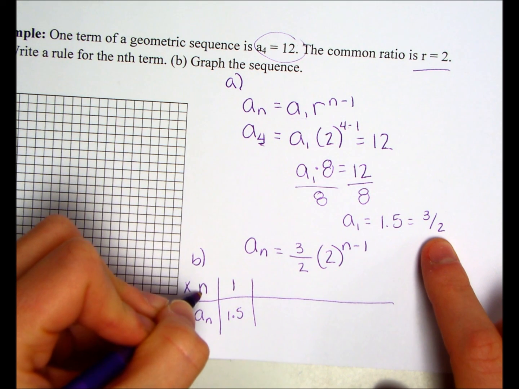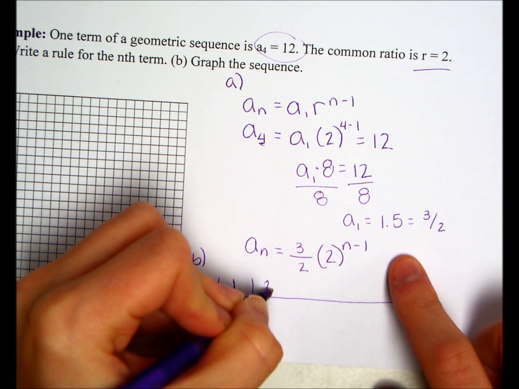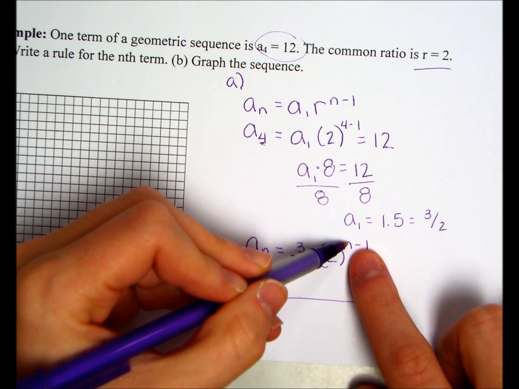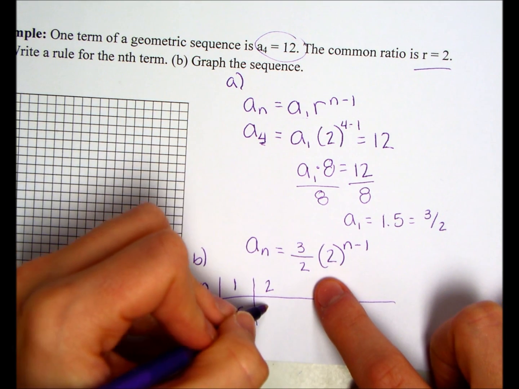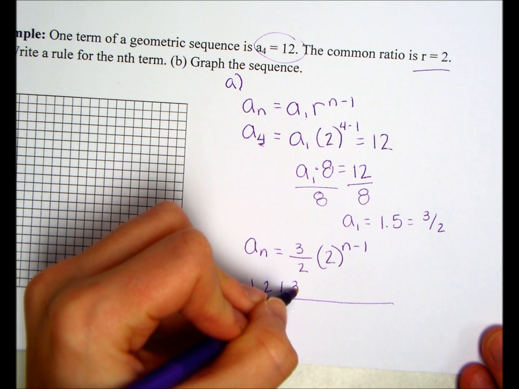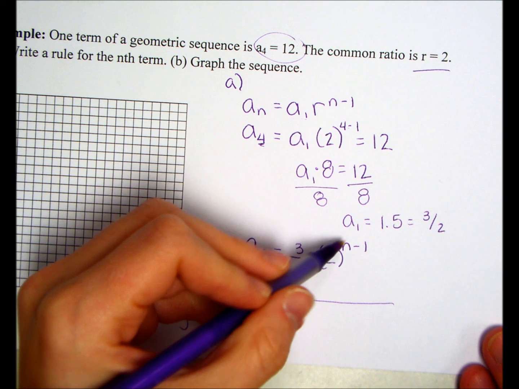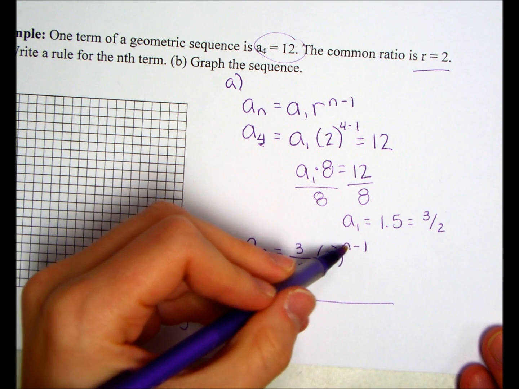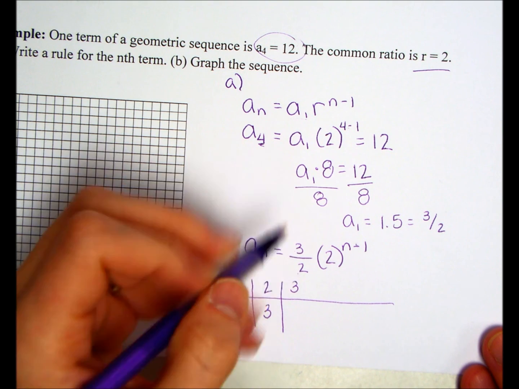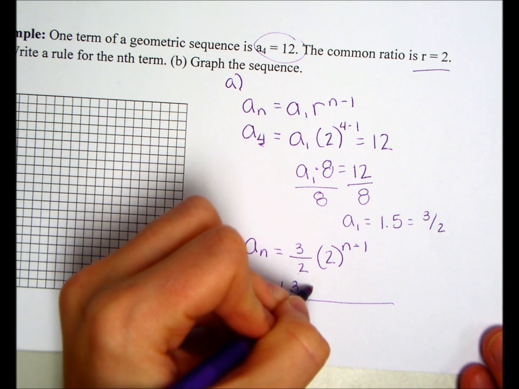If I plug in 2 for n, I get 2 to the first power times 3 halves, which gives me 3. If I plug in 3, I get 2 to the 2, which is 4. 4 times 3 over 2 gives me 6.